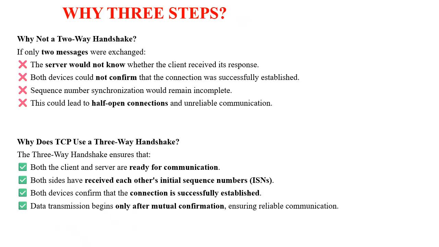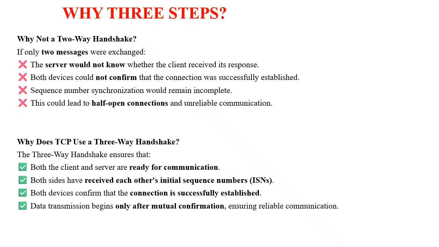This simple trick will help you remember these flags during the exams. Many students ask an interesting question. Why can't TCP use only two messages? Let's think about it. Suppose the client sends a SYN packet. The server replies with SYN plus ACK. Now the server is waiting. But how does the server know that the client actually received its response? It doesn't, right? That's why the third ACK message is required.